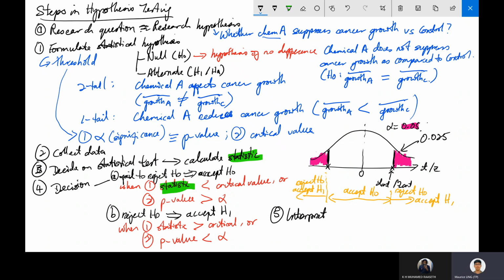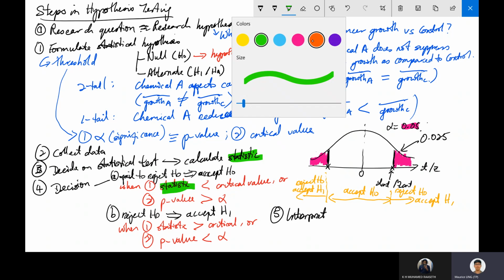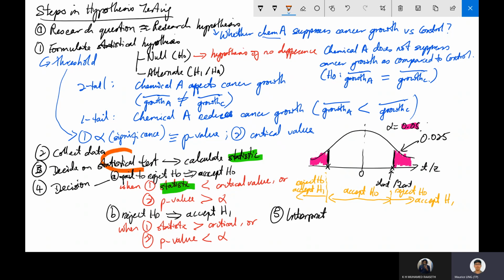It applies for every single statistic that you use. In future, what you're going to change is the statistical test you use, and the test will determine how you calculate the statistic. Based on the hypothesis and the data, you choose the test. The method is the same. So this is a template.